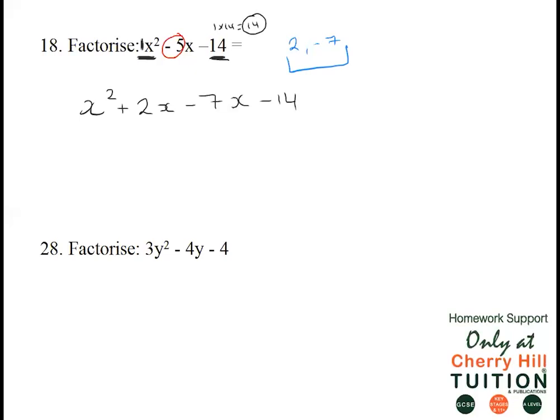All I've done is rewrite minus 5x as 2x minus 7x. You can see that they have the exact same value. I have just changed the way it looks. I have not changed anything else.